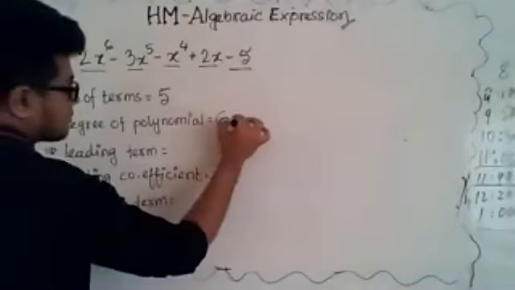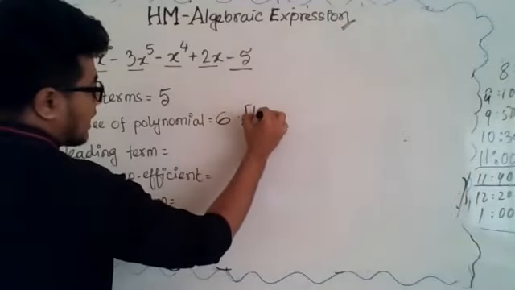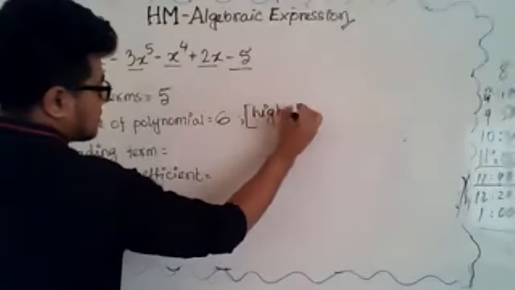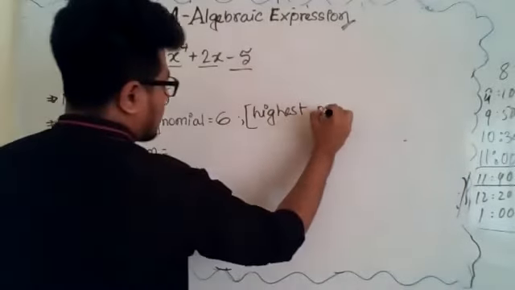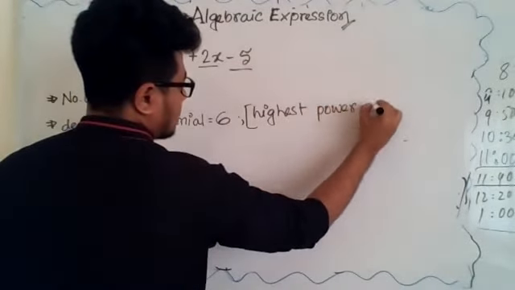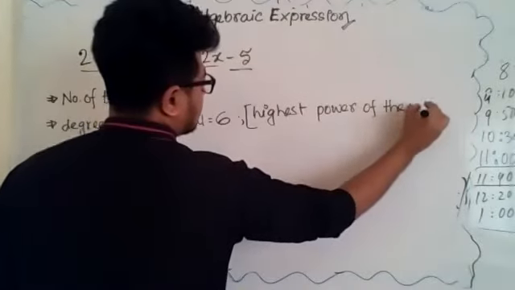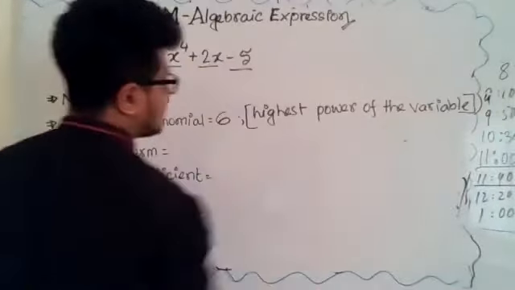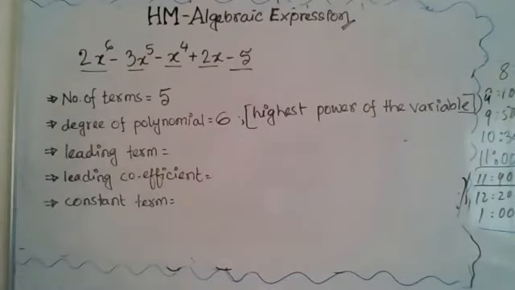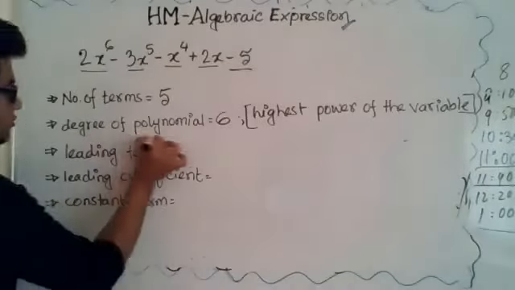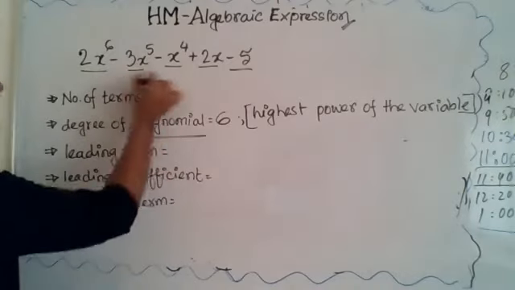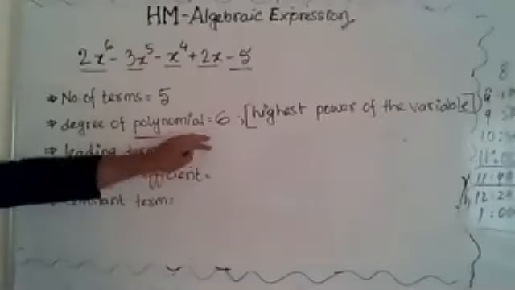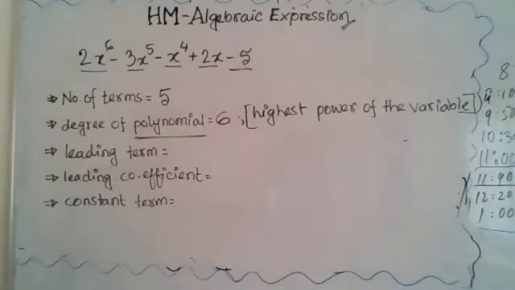So the highest power of the variable is known as the degree of the polynomial. Understood this one? Remember this one. This is the degree of the whole polynomial. So the degree of the polynomial is 6, the highest power of the variable.